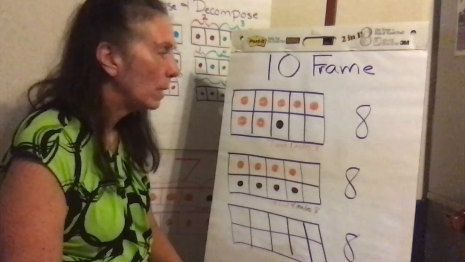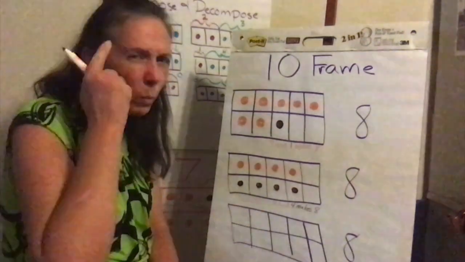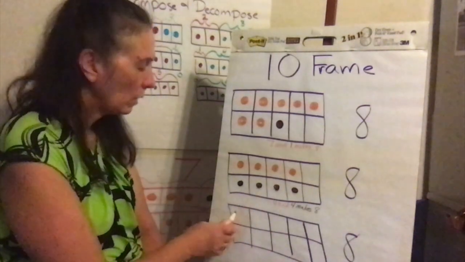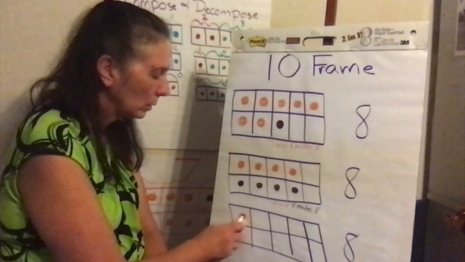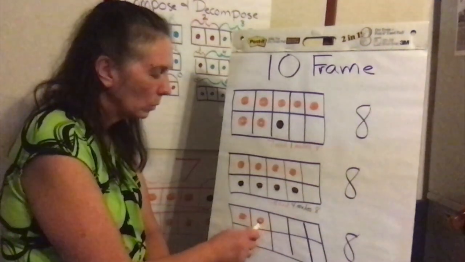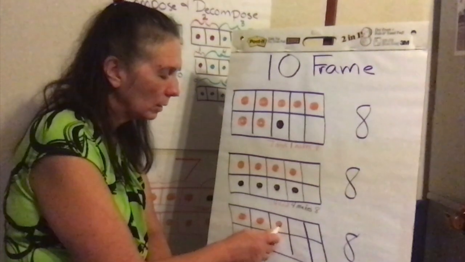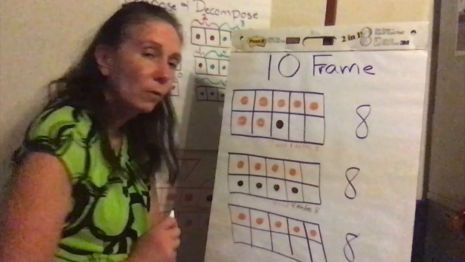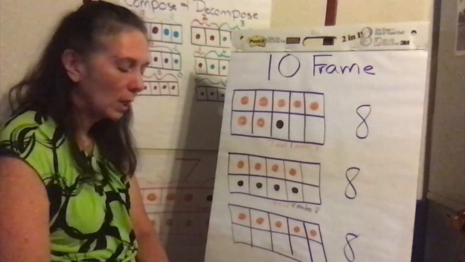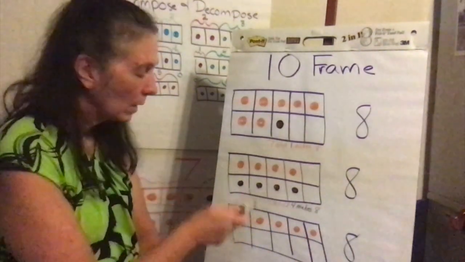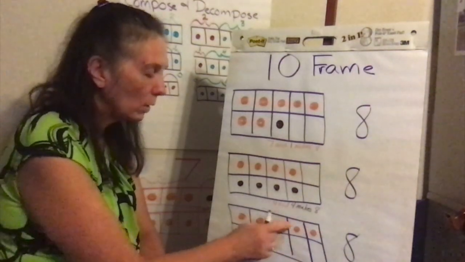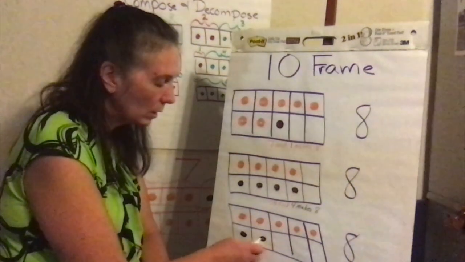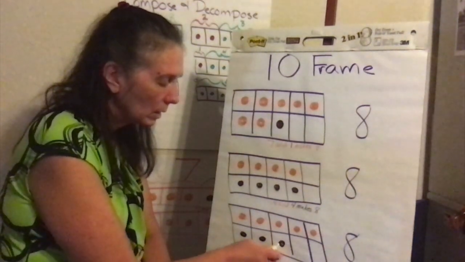Another way that I could maybe make 8, one way I know I could subitize it really quick. What if I did this? What if I did 1, 2, 3, 4, 5. What if I put 5 orange together? And then I counted on 1, 2, 3, 4, 5, 6, 7, 8.